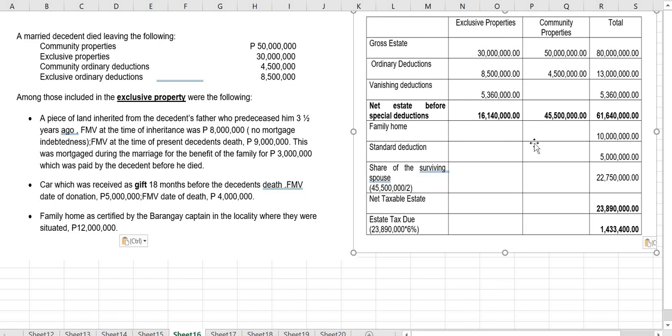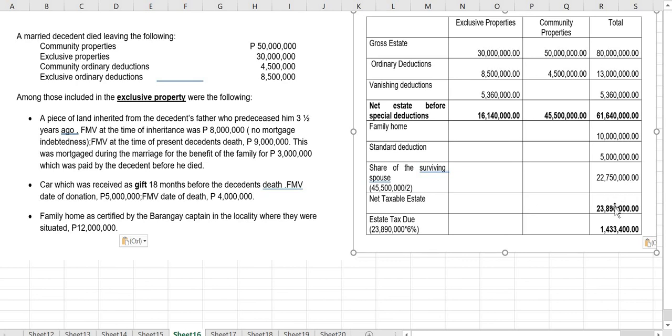You have 22,750,000. Okay? So the net estate is gross estate minus ordinary deductions. Then the net taxable estate is 61,640,000 less family home 10 million, standard deduction of 5 million, and share of the surviving spouse of 22,750,000.